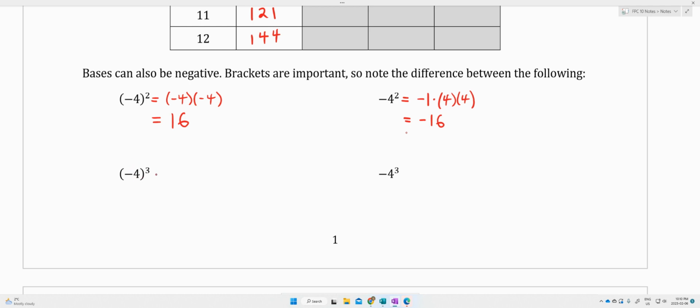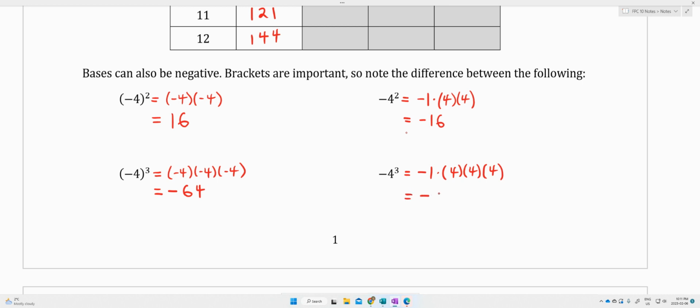And likewise down below here, again, we have brackets. So this represents -4 being multiplied 3 times. And when we have 3 negatives, that's an odd amount of negatives, which tells us we have a negative result. So we're going to get -64 this time when we multiply out. And over here, we only have one negative, the -1 coefficient sitting out in front, and then we have 3 4s, but we'll actually get the same result because with an odd number of negatives, we still get a negative result.